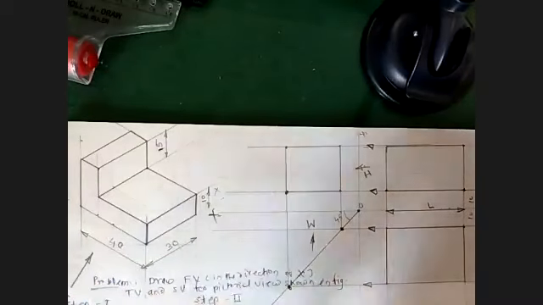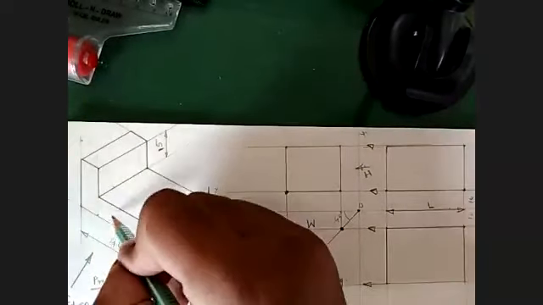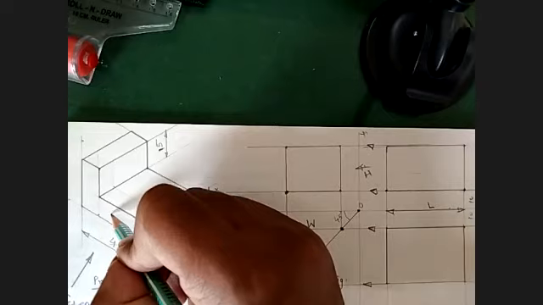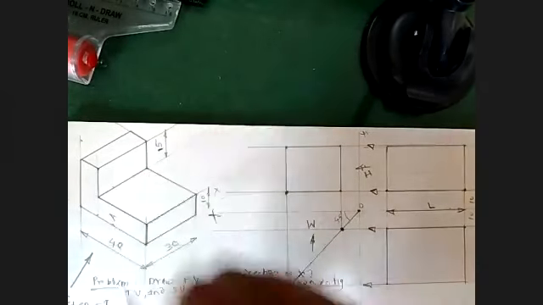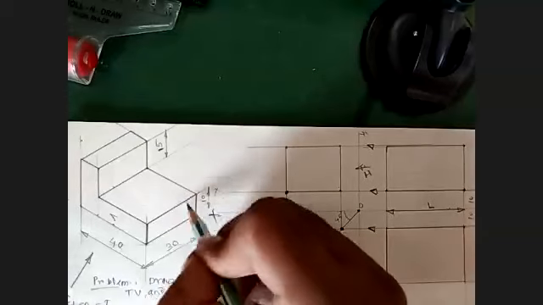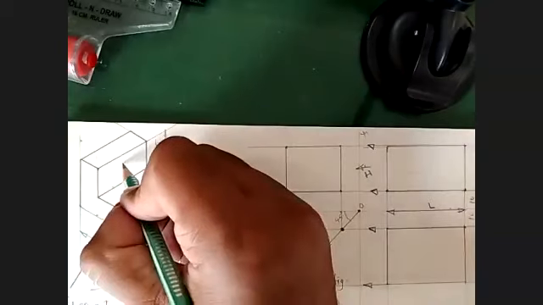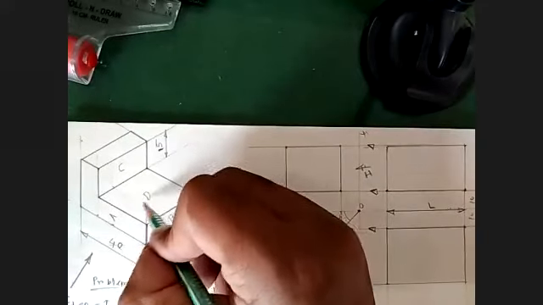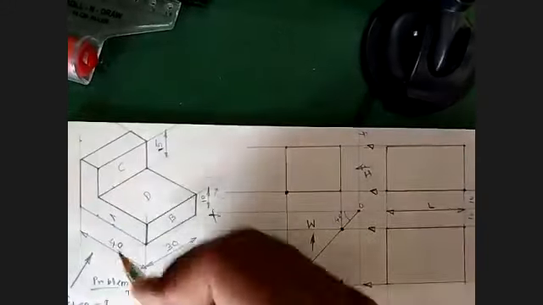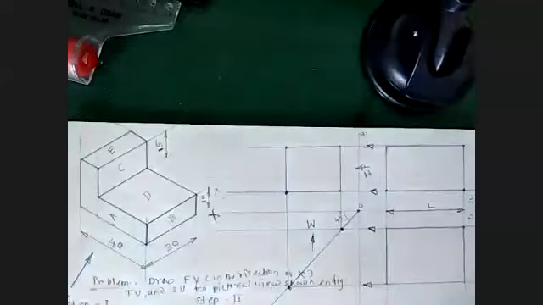Now, even looking from this end, if I name it as the first problem, I will name the surfaces. This L surface, I will say A. This rectangle here, I will say B. Front this one, I will say C. Suppose this flat surface, I will say D. And this surface E. Okay.